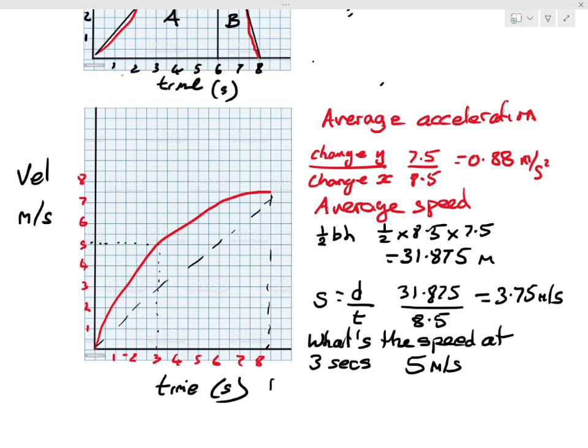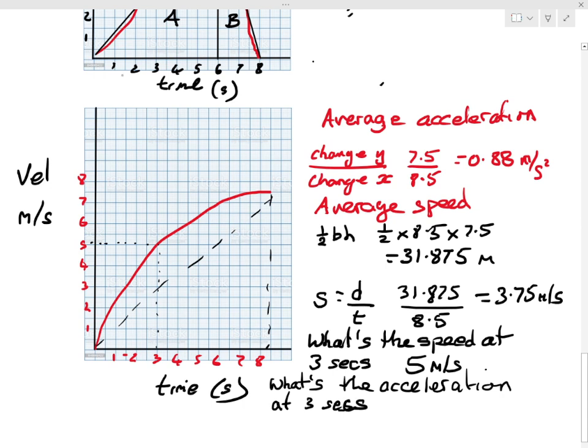And then they might say, what's the acceleration at 3 seconds?